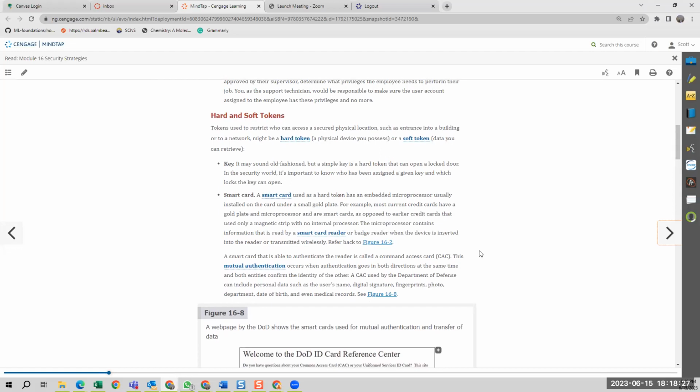At FAU, they use an app called Duo. Could be your phone. There's a variety of different secondary authentication measures. If you don't have your phone, it can be kind of difficult to have a second way to authenticate.